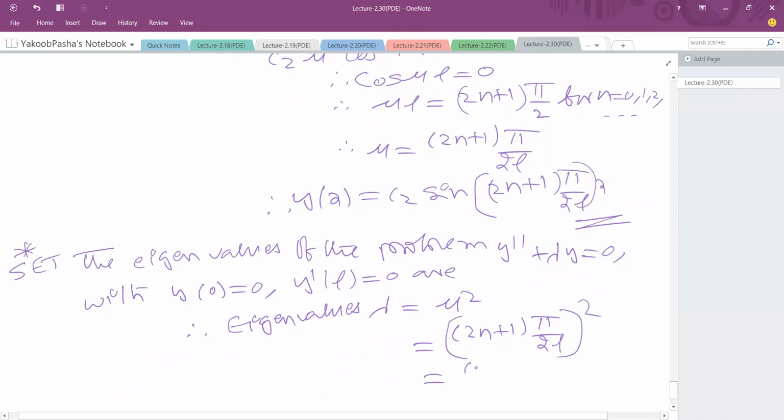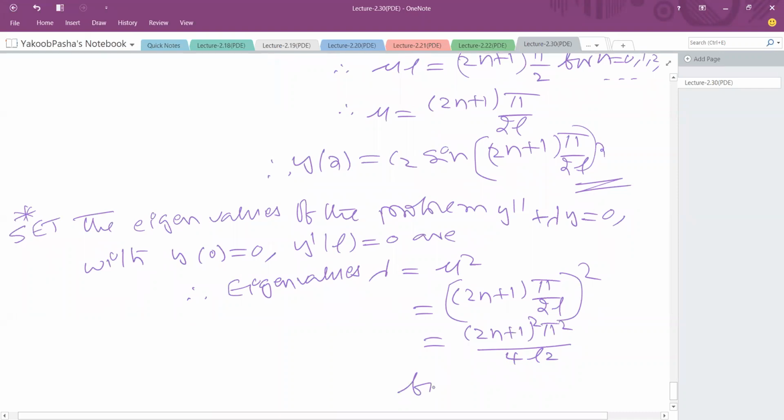That is nothing but 2n plus 1 whole square pi square by 4L square, for n equal to 0, 1, 2, etc. These are the eigenvalues. Now I am taking another problem from later.